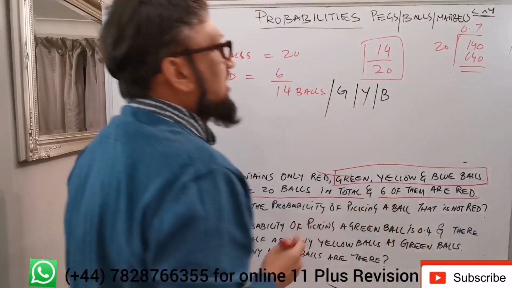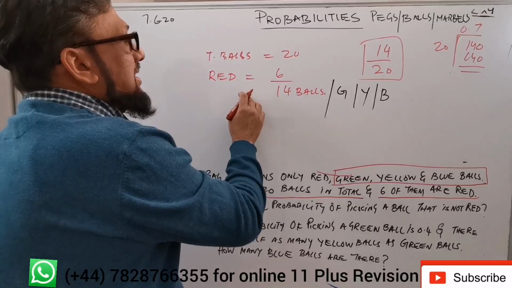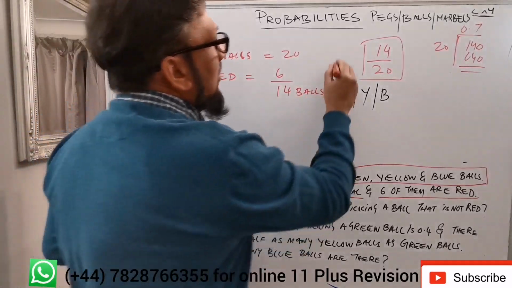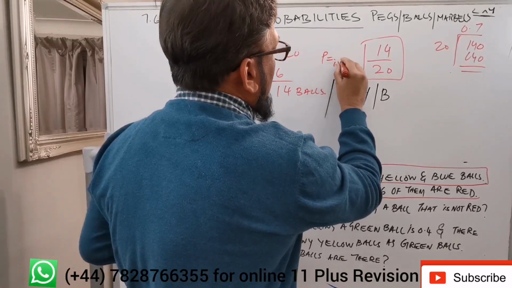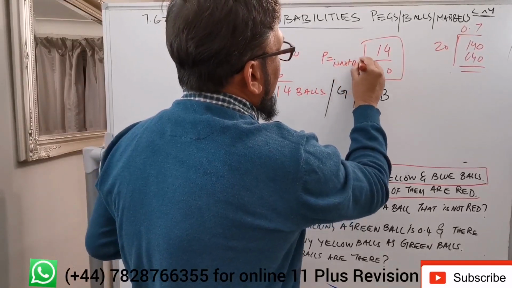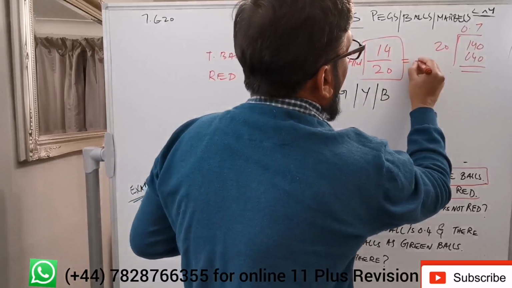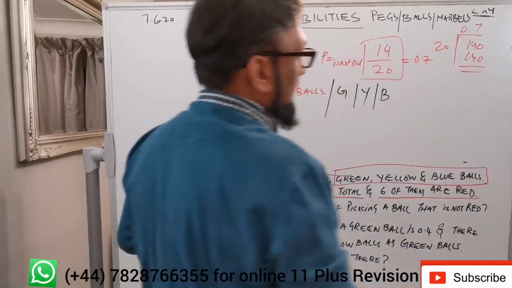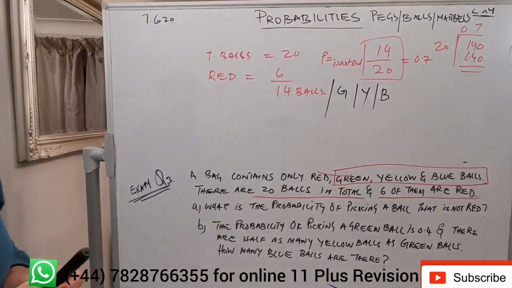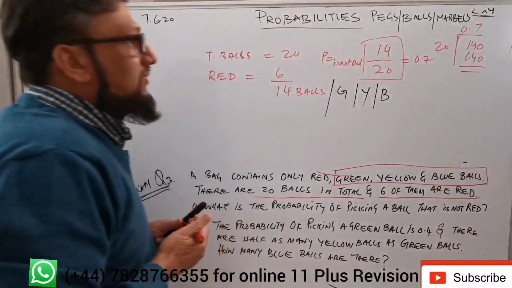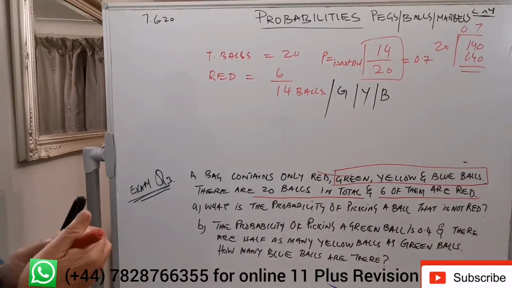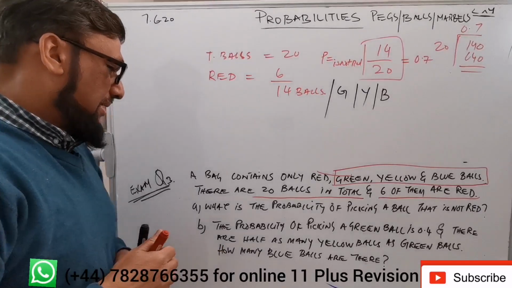So it means the probability isn't red is 0.7. Probability isn't red, 0.7. Now go to part B.